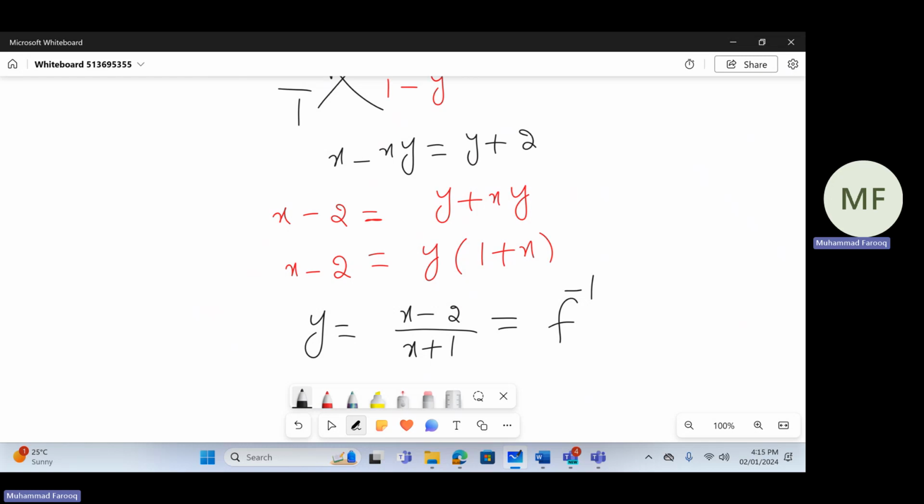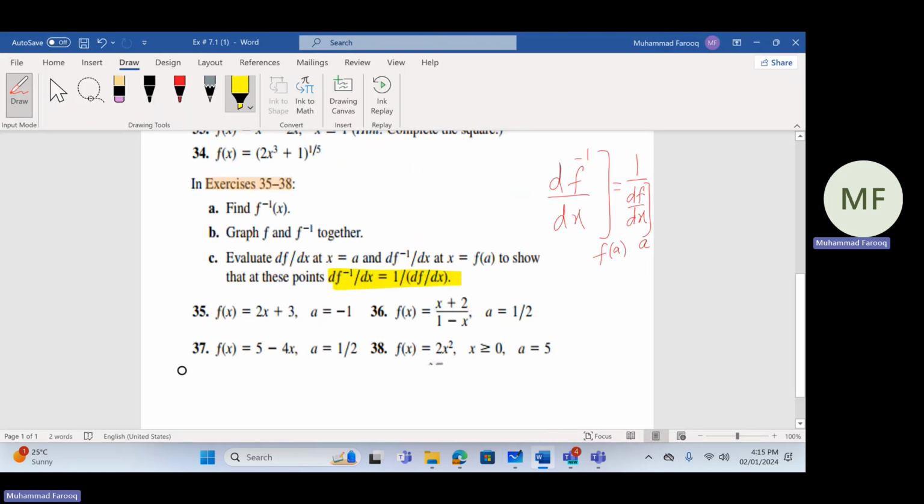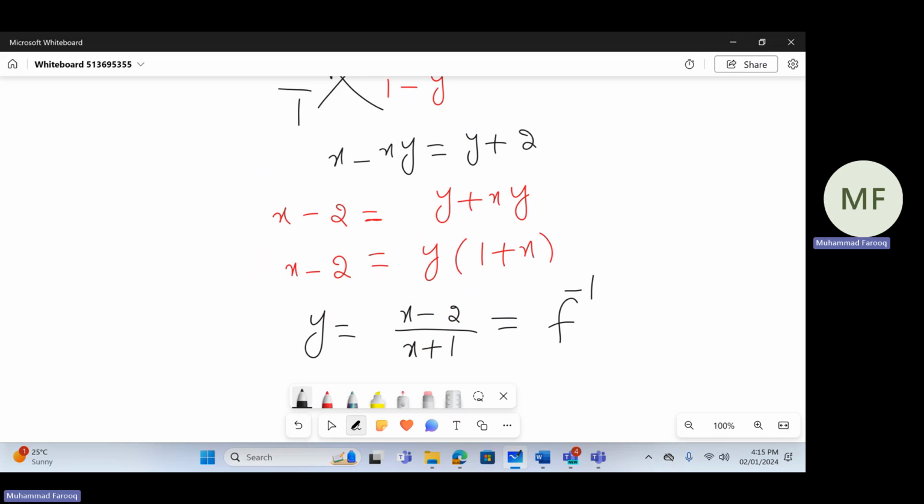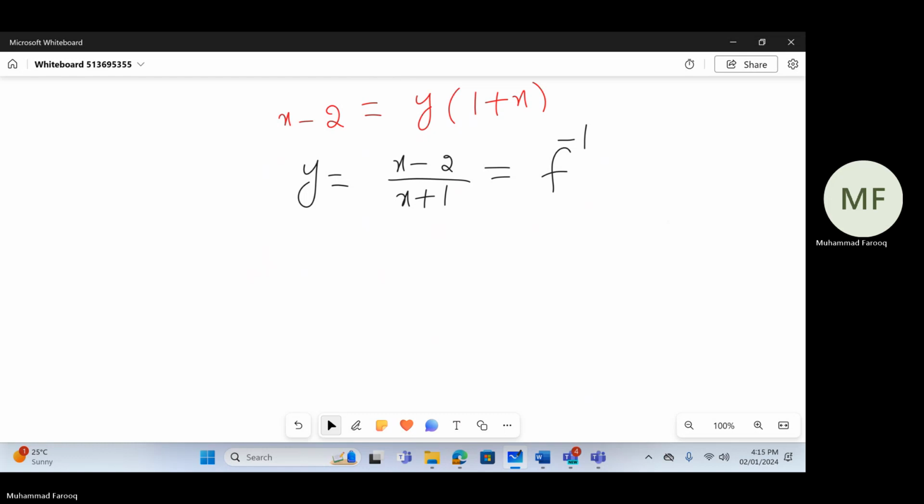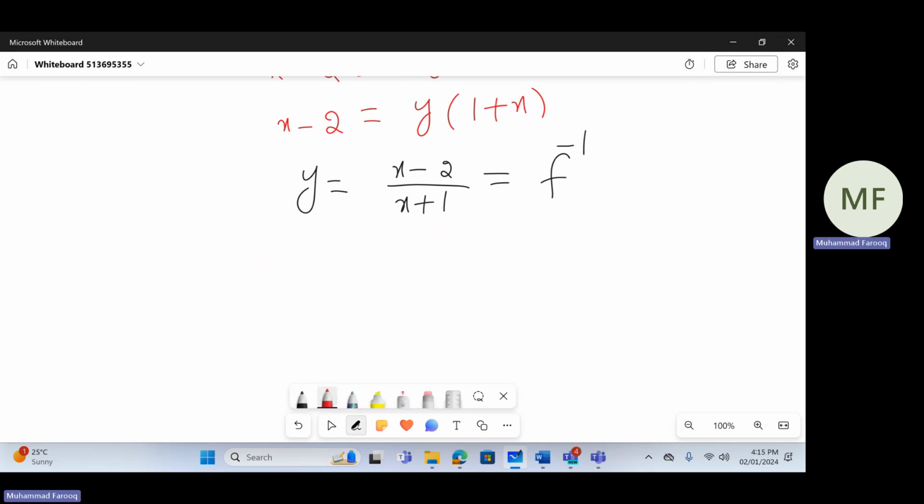as per the question, please, we need the inverse function derivative, okay? Now calculate the derivative, please. Derivative of x minus 2 divided by x plus 1. Okay, so for the purpose of the derivative of the inverse, this is 1 times x plus 1 minus x minus 2 times 1, and divide by x plus 1.